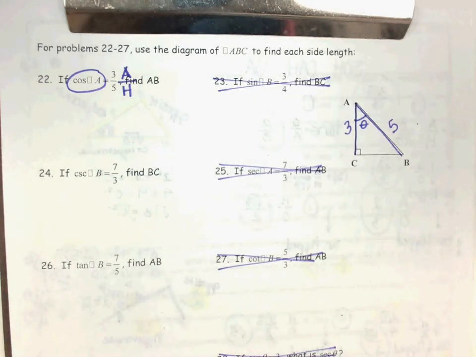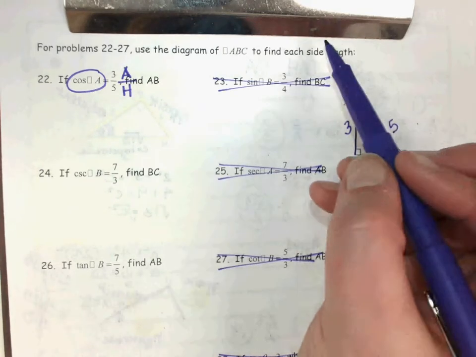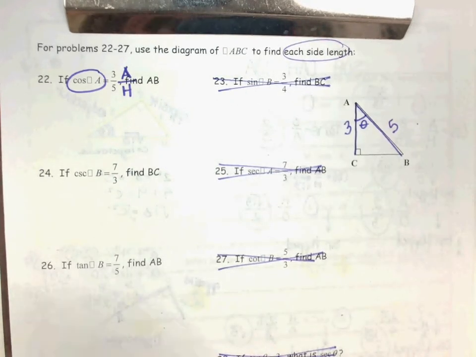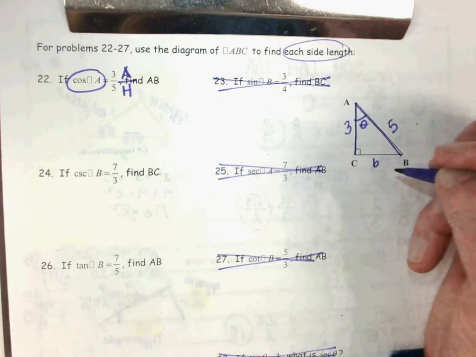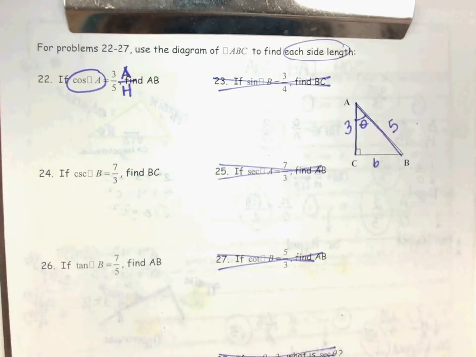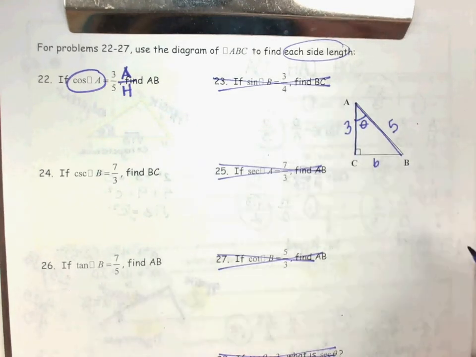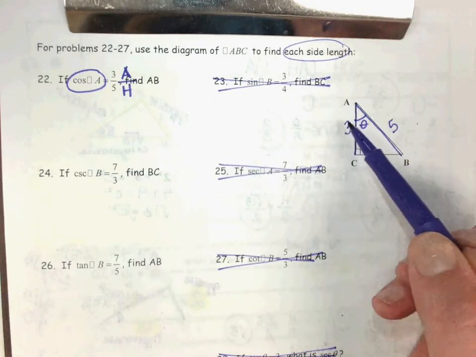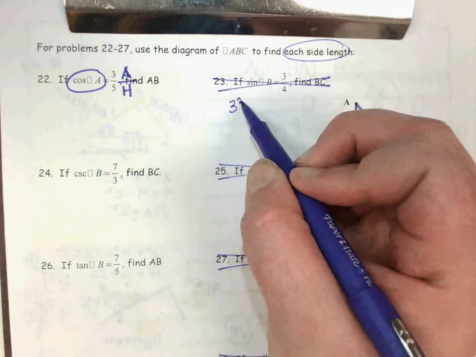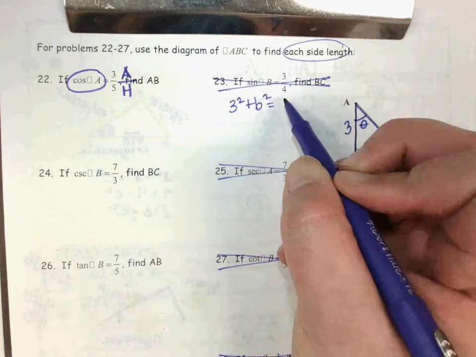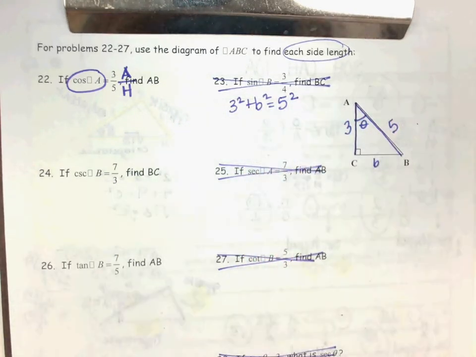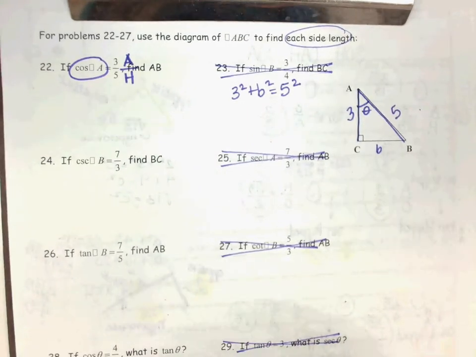Then all that they're asking me to do is to find the missing side. That's all that you're doing each time. So if I want this side, I'm going to call that B, and then you're just doing Pythagorean theorem. So how would my Pythagorean theorem be set up? 3 squared plus b squared equals 5 squared. What's 3 squared?